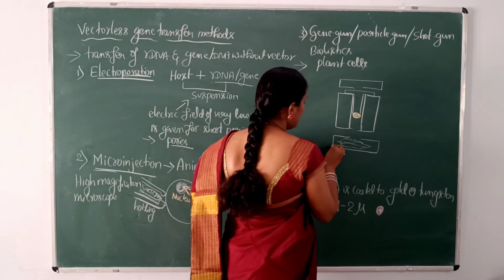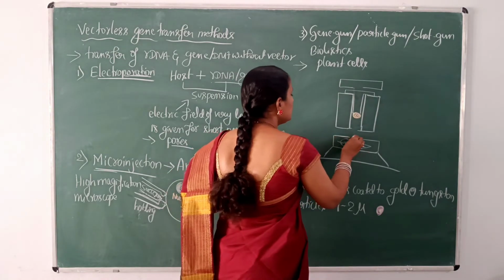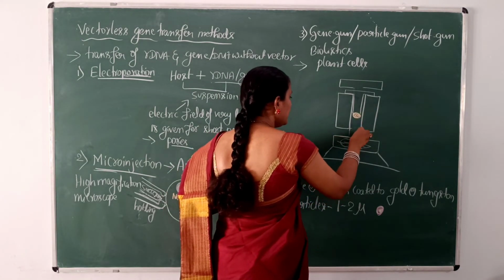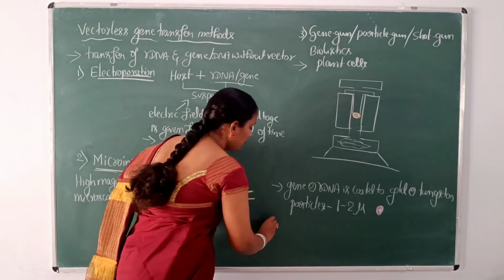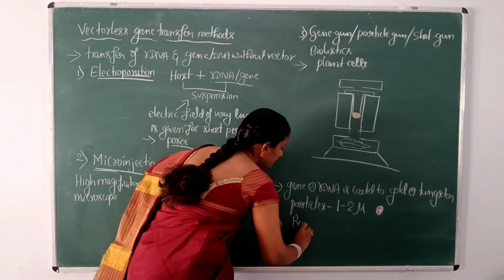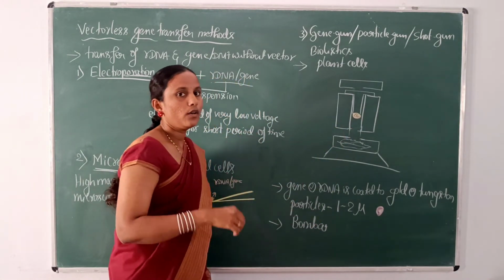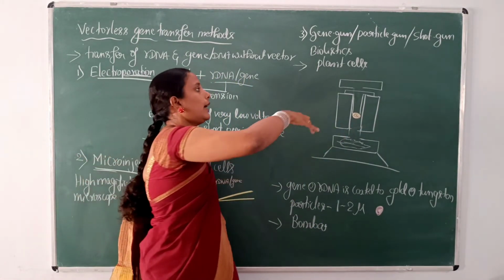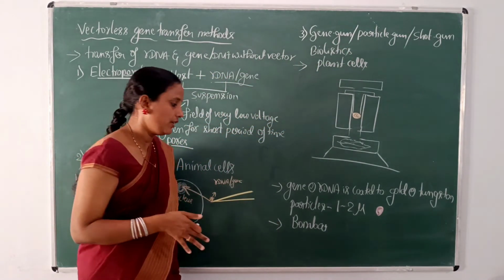The leaf will be placed here in this chamber. Here, these gold or tungsten particles after loading will be bombarded. Suction pressure will be there, so under that pressure, bombardment will be given.